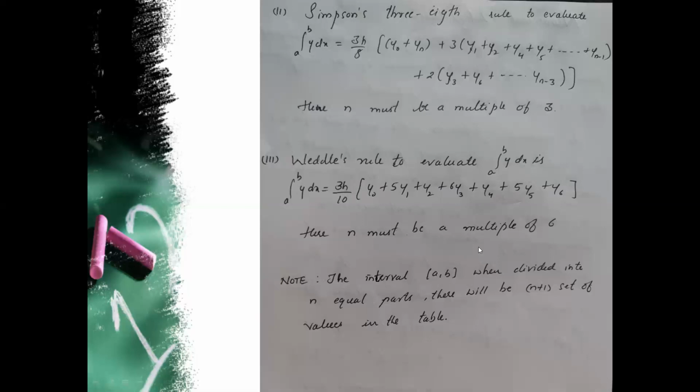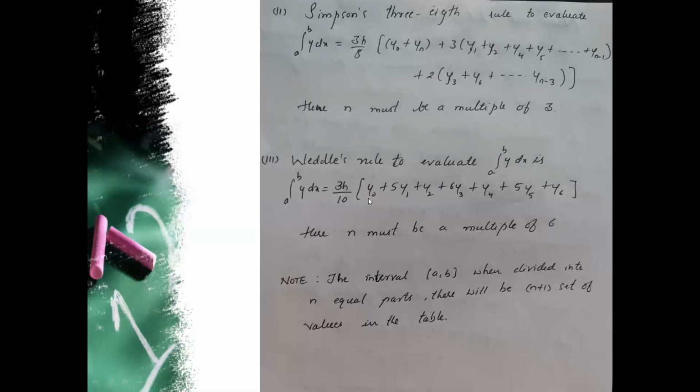Now remember here n is a multiple of 6, and note that when we divide the interval AB into n equal parts, there will be n plus 1 set of values in the table. So here we discussed that n must be a multiple of 6. So we are told that n is 6 here. Now if n is 6, when we find the values from x0, y0 up till the last value, how many values are we going to get?